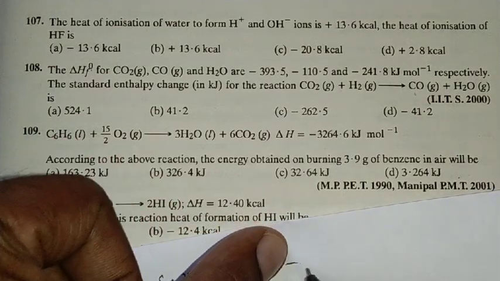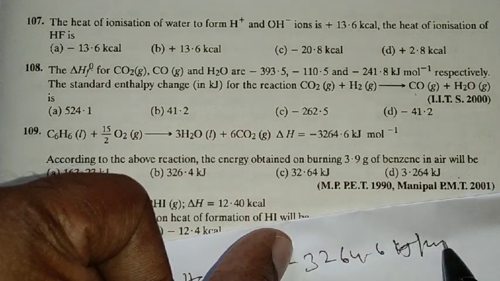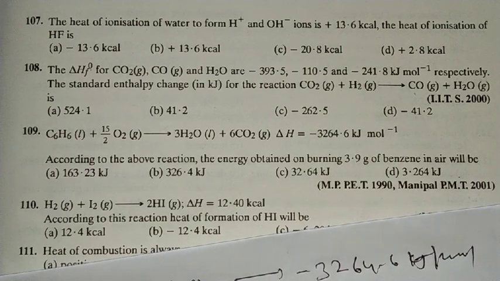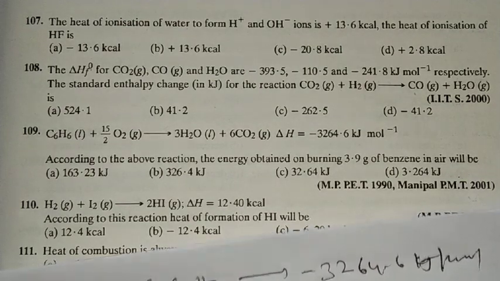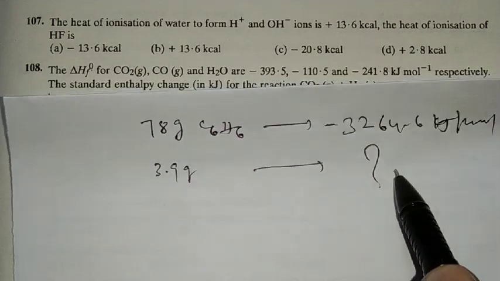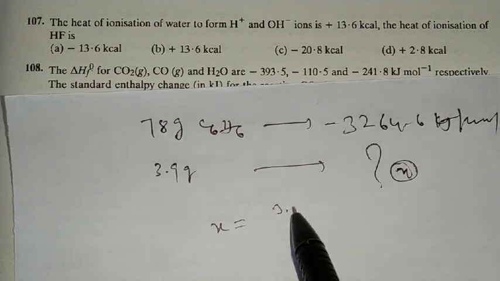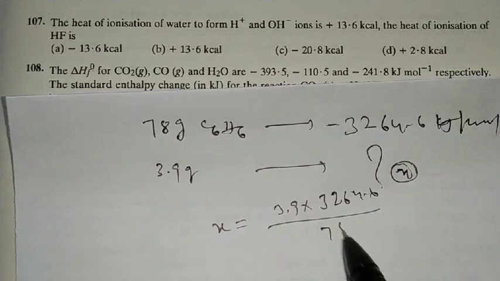Minus 3264.6 kilojoule per mole. Now as per the given question, suppose only 3.9 grams participated, then how much is it? Just cross multiplication. Then x equals 3.9 into 3264.6 by 78.